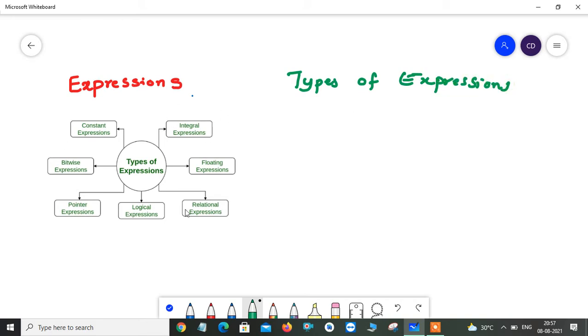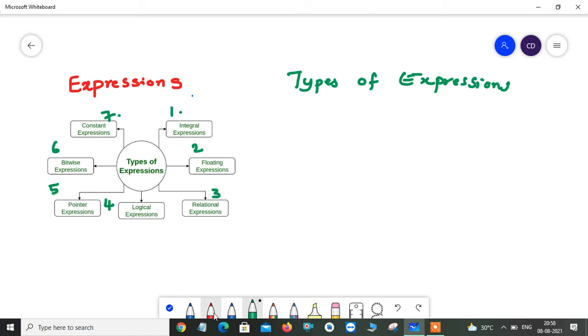The first one is integral expression, the second one is floating point expression, the third one is relational expression, the fourth one is logical expression, the fifth one is pointer expression, the sixth one is bitwise expression, and the seventh one is constant expression. So these are 7 different types of expressions available in C programming language. Let us discuss each and every expression in detail.